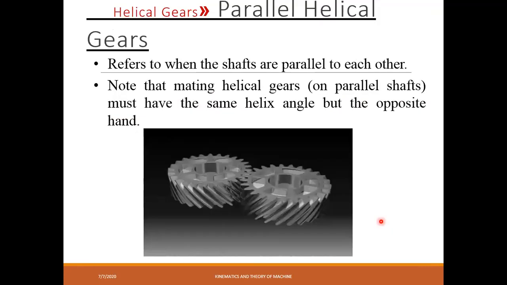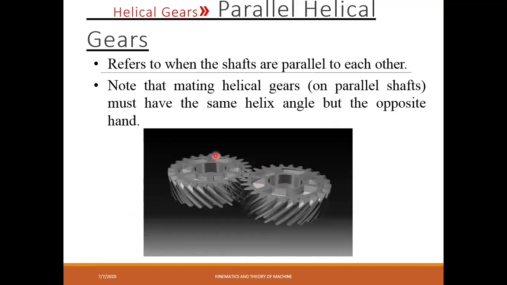Now, helical gears are used when the shafts are parallel to each other. Note that mating helical gears must have the same helix angle but the opposite hand, right?